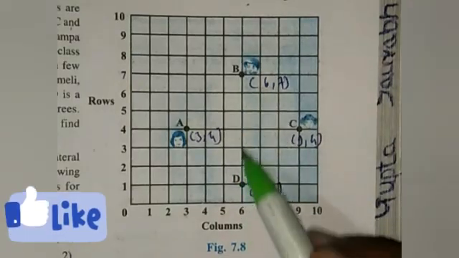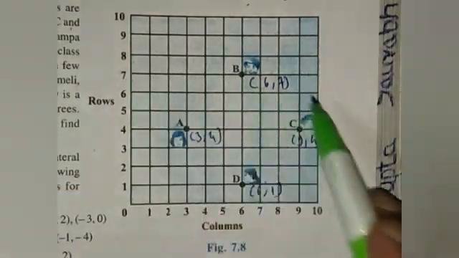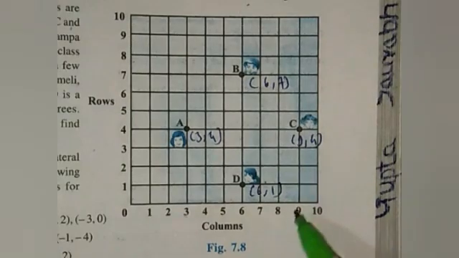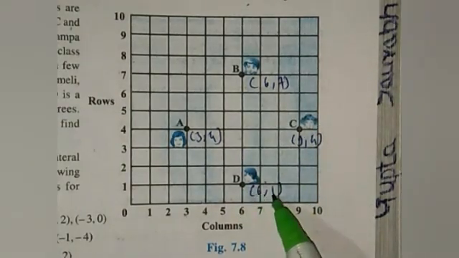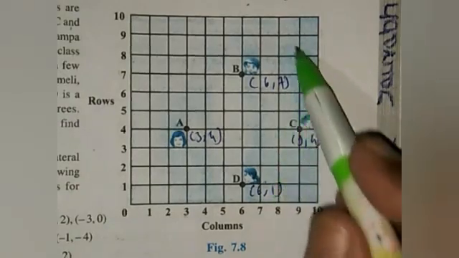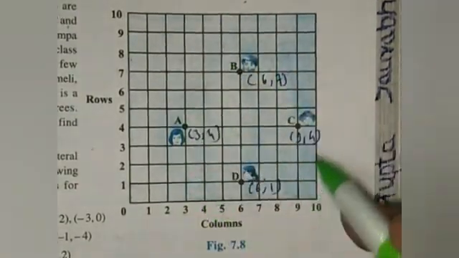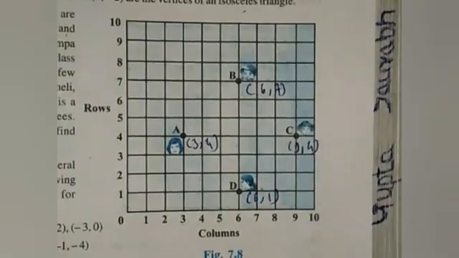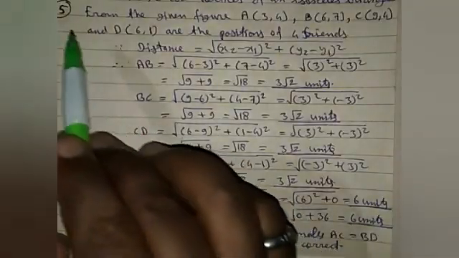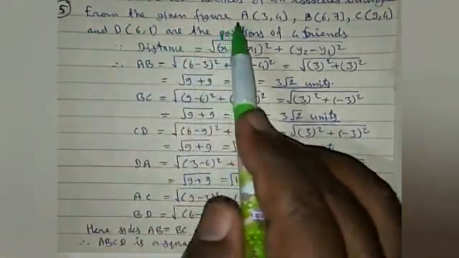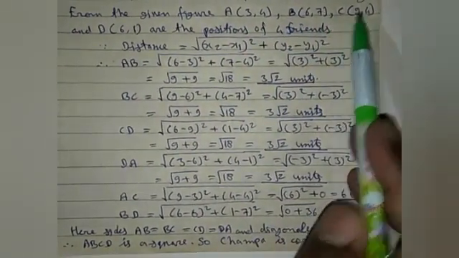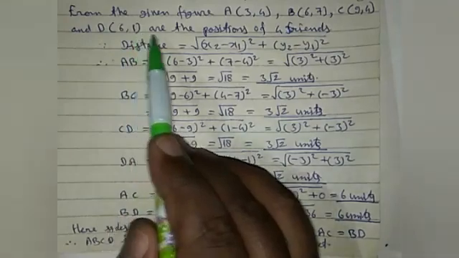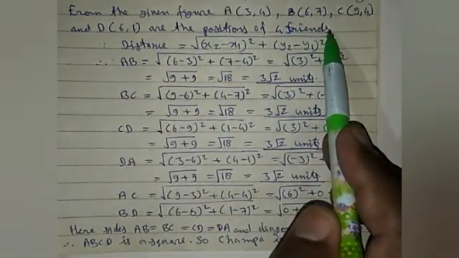Point B is here 6, 7 and point C is 9, 4 and point D is 6, 1. So these are the coordinates of these 4 students. So from the given figure, A is (3, 4), B (6, 7), C (9, 4) and D is (6, 1), the positions of 4 friends.